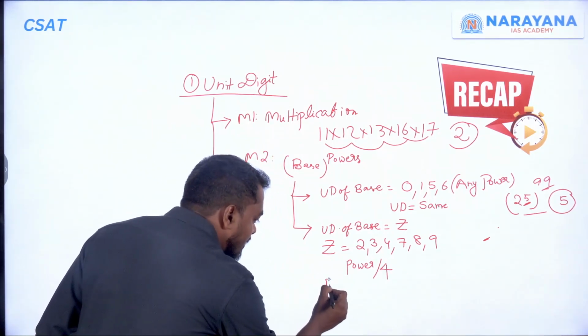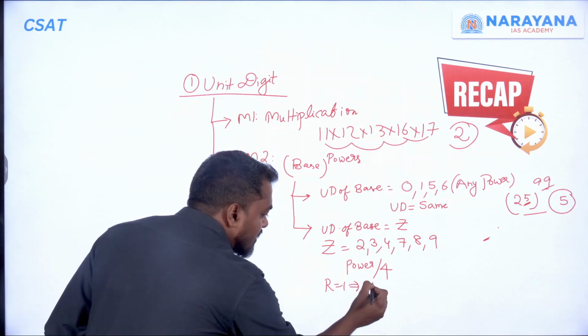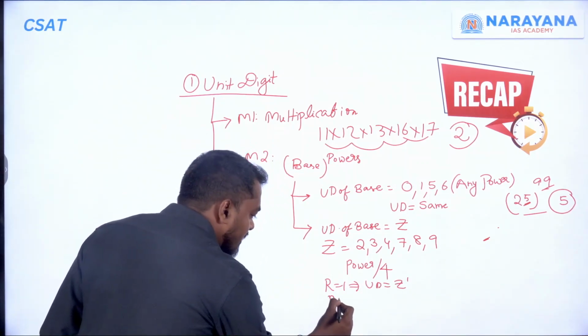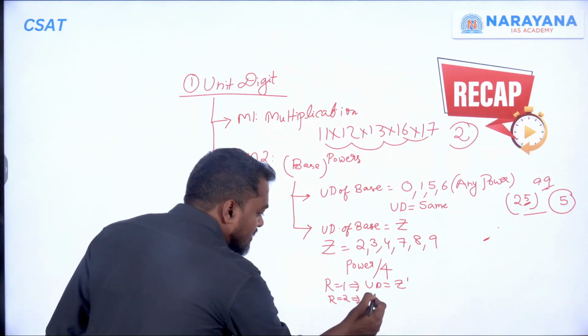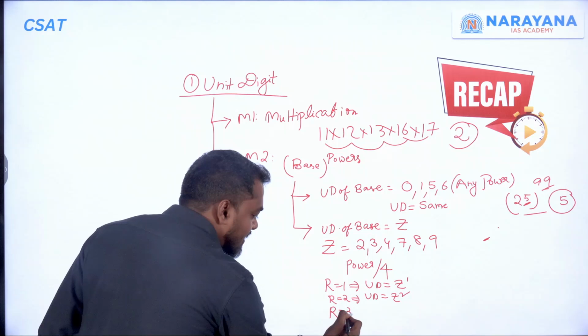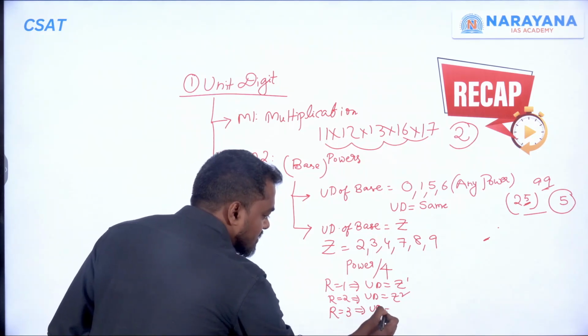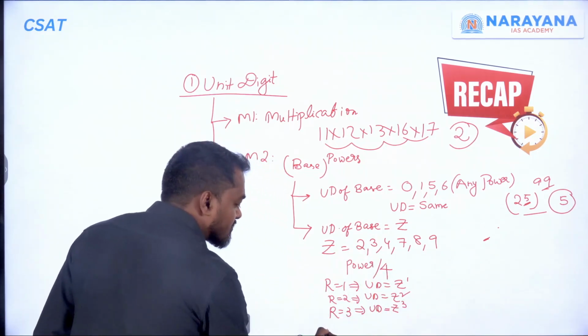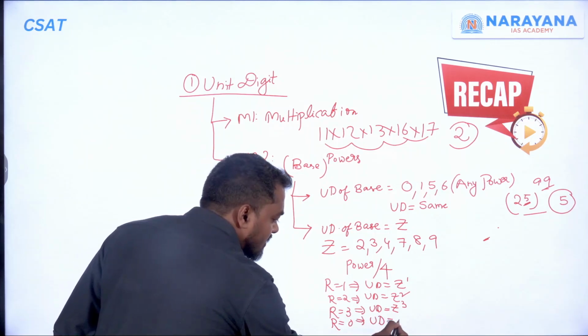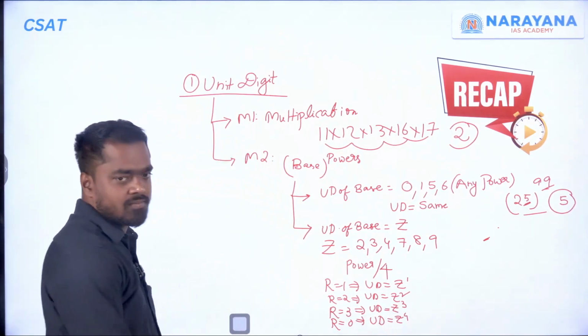If you get a remainder of 1, the unit digit will be z to the power 1. If the remainder is 2, the unit digit will be z square. If the remainder is 3, the unit digit is z cube. If the remainder is 0, what is your unit digit? Z to the power 4.